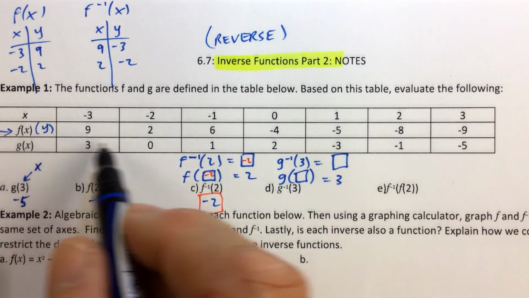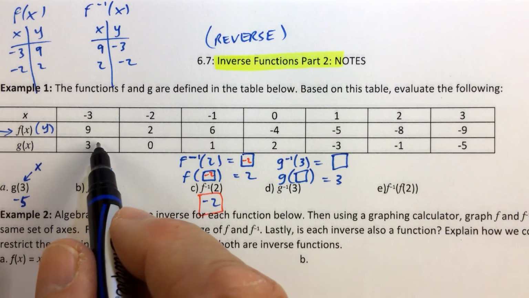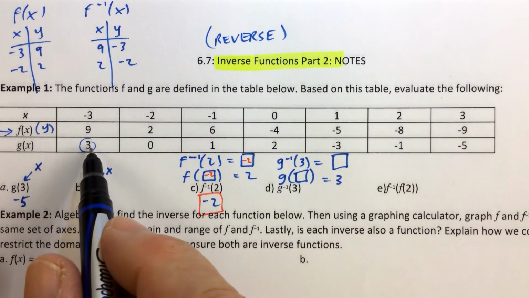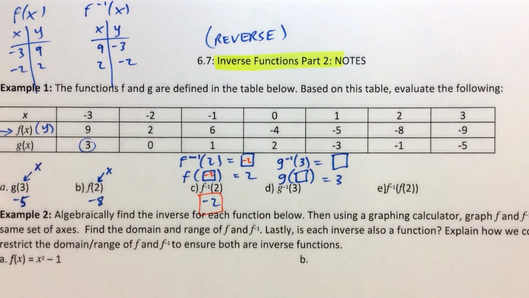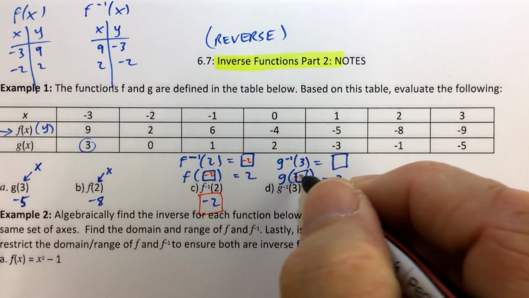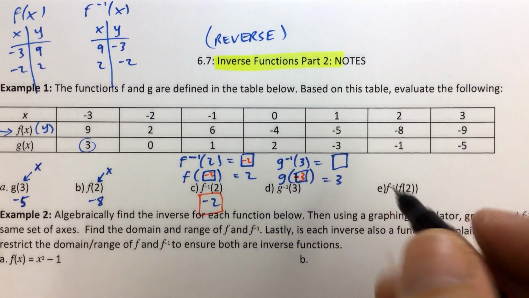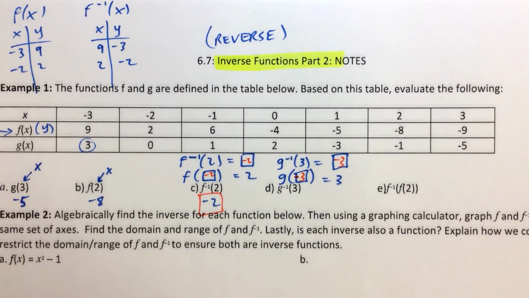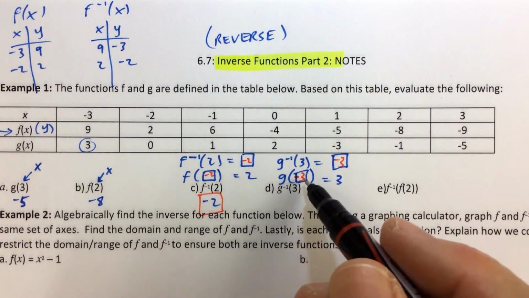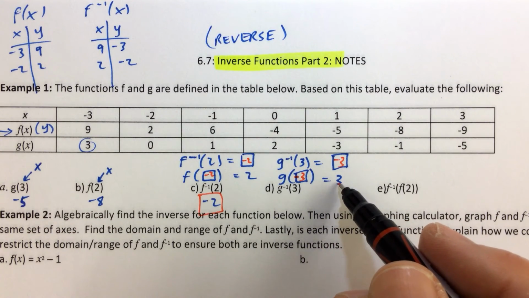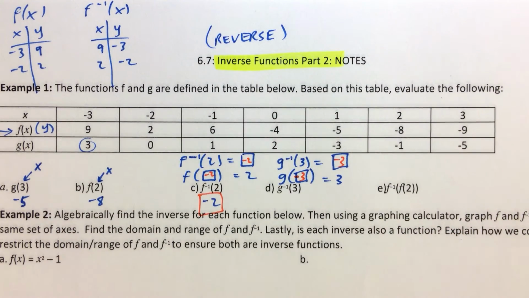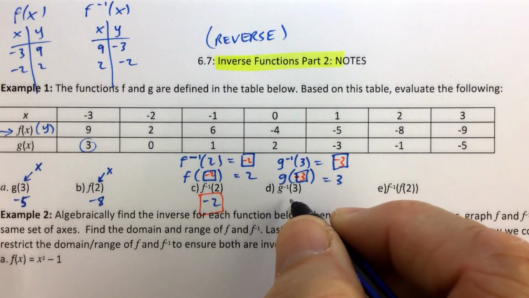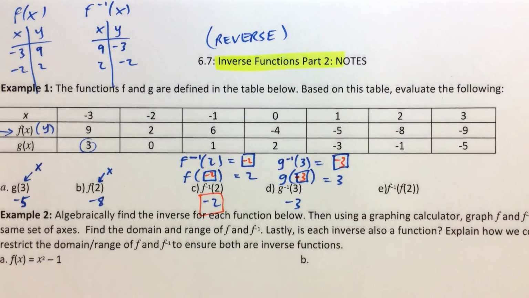Well, we find the y coordinate of 3 right here. And what's the x coordinate? Well, that's -3. So if g of -3 is 3, that means that g inverse of 3 is -3. That's all you have to do. Find the x coordinate for g that gives you a 3 as the y coordinate, and therefore you found g inverse of 3, which would be, again, -3.